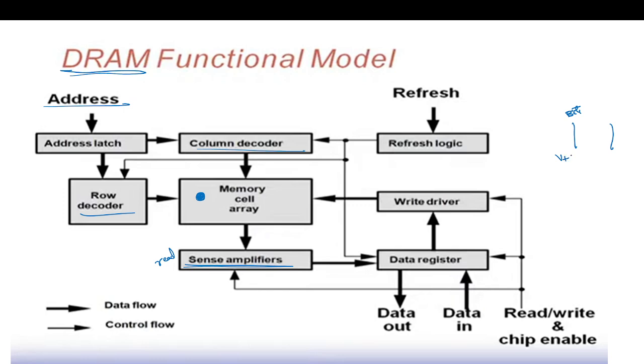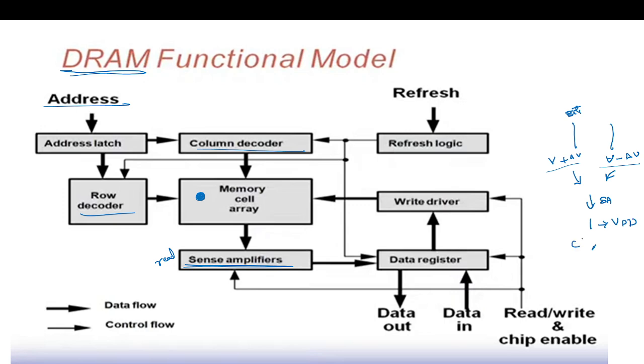So here the voltage at the sense amplifier goes to, say, V plus delta V. And say this potential changes to V minus delta V. The sense amplifier can say that, because there is a delta V increase, this is a VDD.